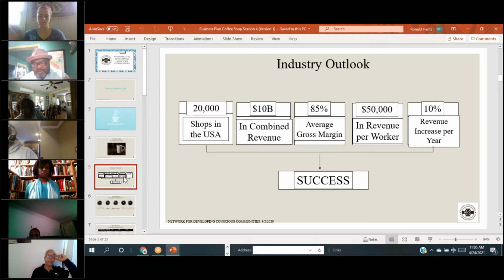It was like 85%, which is very, very high on the spectrum. So you could average at least 85% gross margin in terms of profit if you're going into this particular industry. The average worker was being paid at the level of $50,000 in revenue. And of course, the last one was the revenue increase per year, 10% return on investment each year in this particular industry.